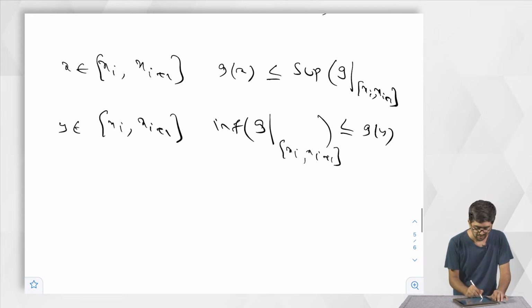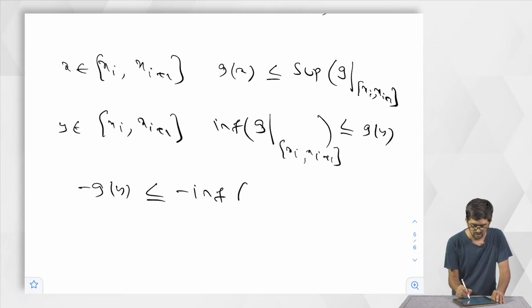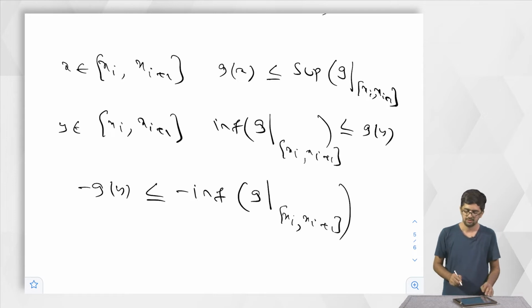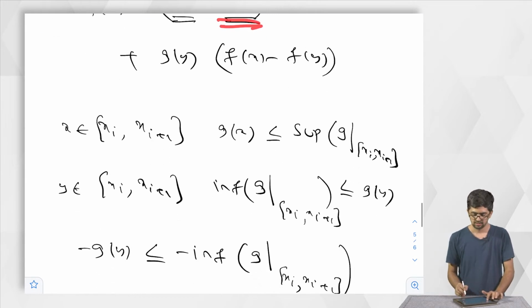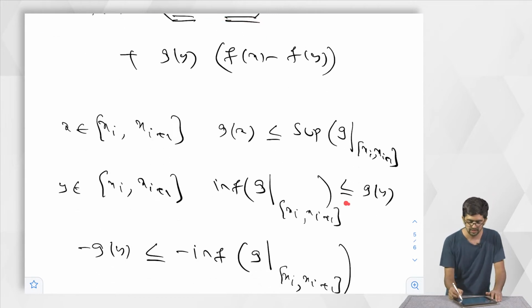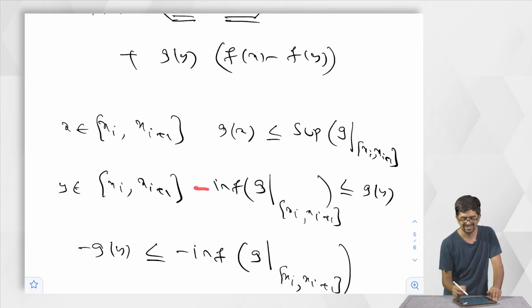So now we have minus g(y) is less than or equal to minus the infimum of g restricted to x_{i+1}. Here I have minus g(y), so I want something to do with minus g(y), but here there is only plus g(y). So if I put both sides minus, then this also should be changed.